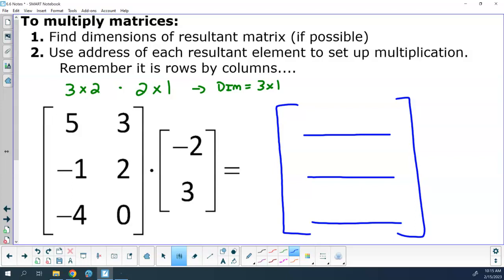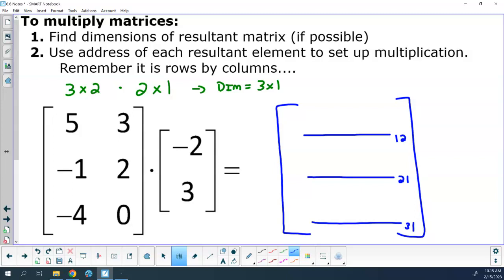Step 2 says, now let's use the addresses of each resulting element to set up the multiplication. Remember, addresses are rows by columns, right? So this is row 1, column 1. This is row 2, column 1. This is row 3, column 1. In terms of those addresses.